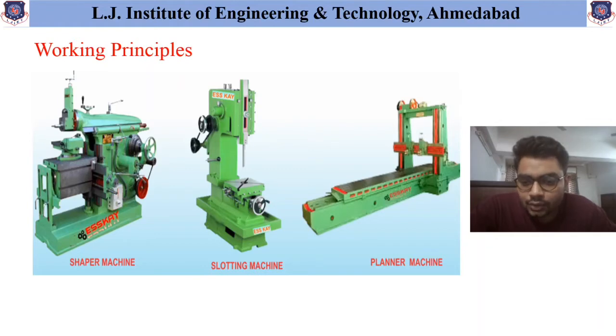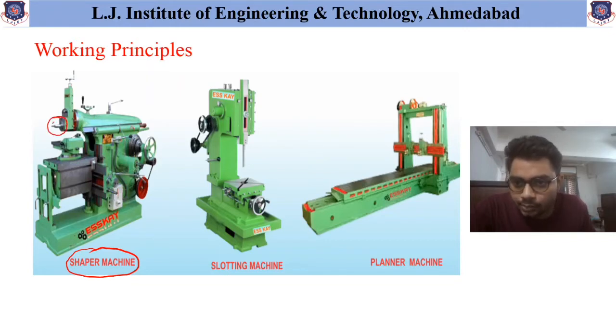Now as you can see, this first machine is the Shaper machine, and in the case of the Shaper machine, let us first have a look at the primary and auxiliary motion of this machine. As you can see, this particular portion has the tool attached to this part.